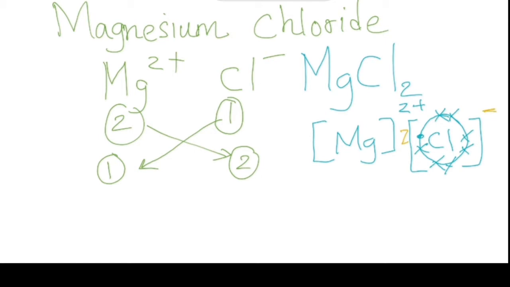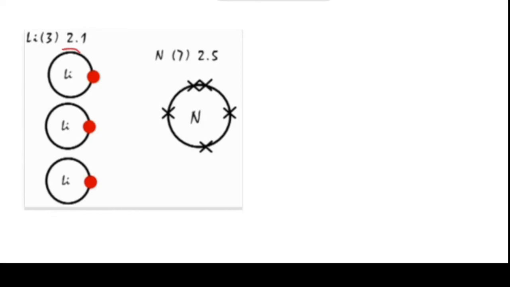Let's look at another example. So here is a lithium and a nitrogen atom. Lithium has 1 electron in its valence shell and nitrogen has 5 electrons in its valence shell. Nitrogen needs 3 more electrons to obtain a stable electronic configuration, right?